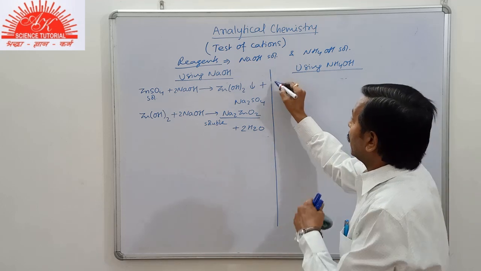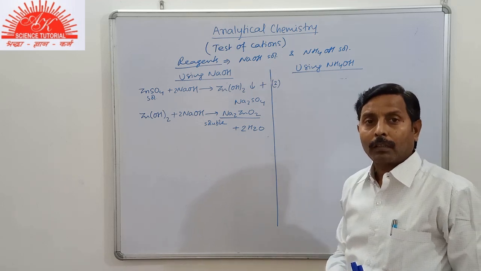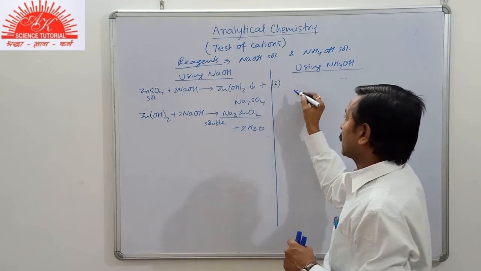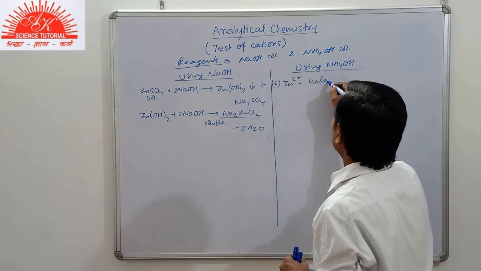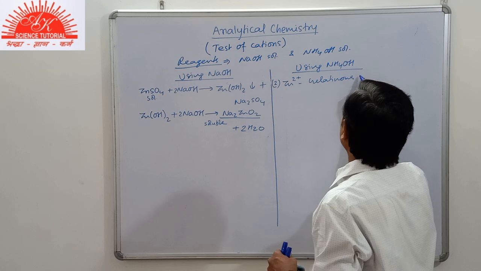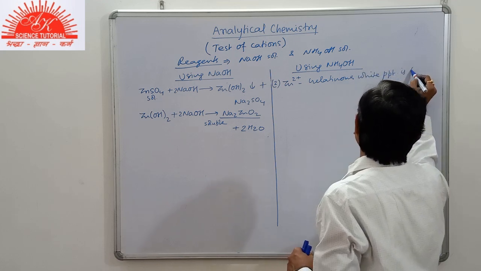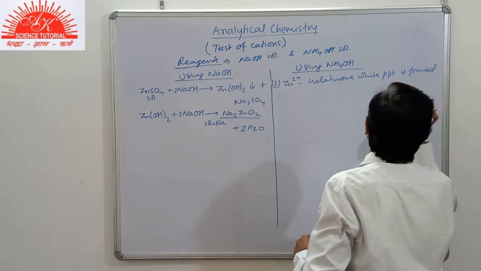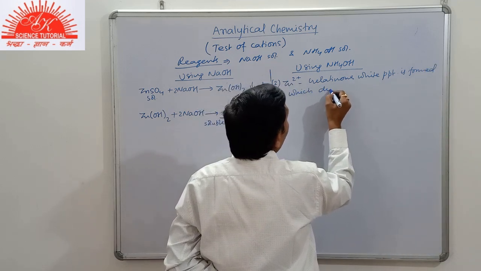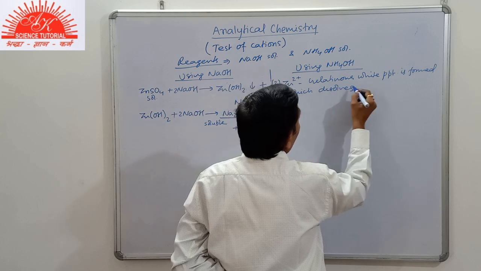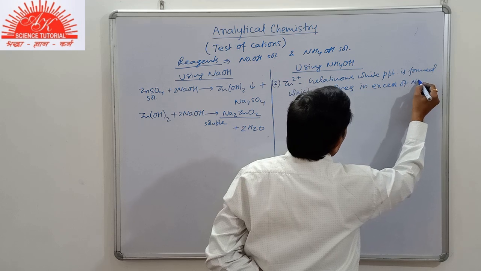Now for this one, a similar observation is obtained. The same change takes place here also. That is again gelatinous white precipitate is formed which dissolves in excess of NH4OH.